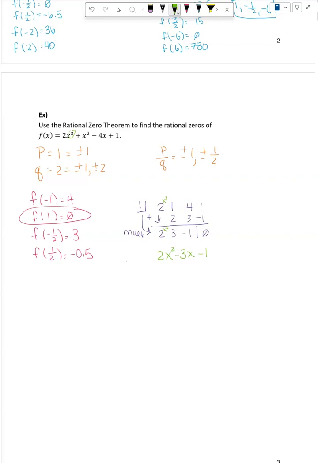And then our remainder was 0. So we could set all this equal to 0, and we can solve for this. So our factors now are going to be x minus 1, and 2x squared minus 3x minus 1. But we could factor this guy, right?